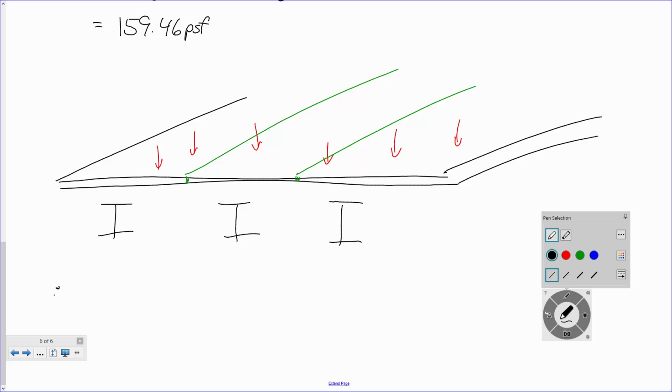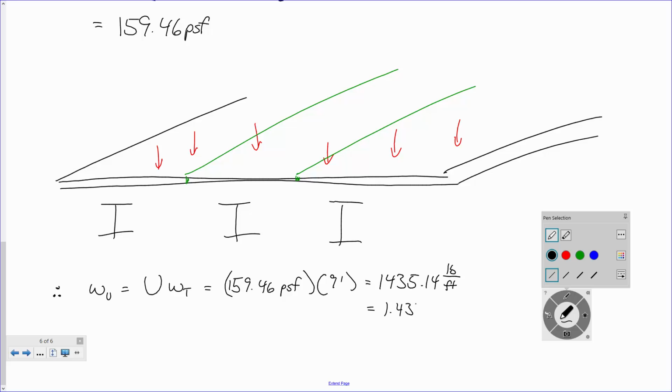It is our pressure load times the tributary width, which is 159.46 PSF times the tributary width of 9 feet, which is what? 1435.40. And that's pounds per foot, or 1.435 kips per foot.